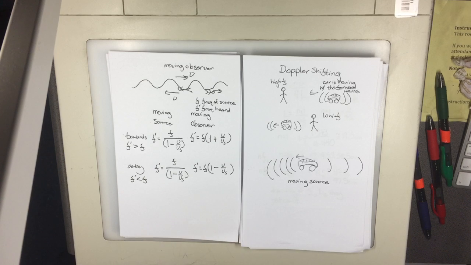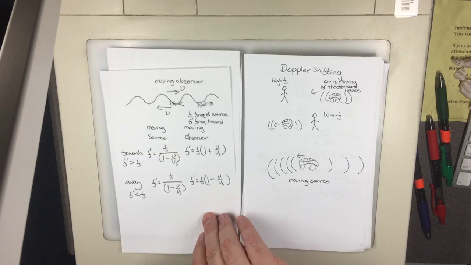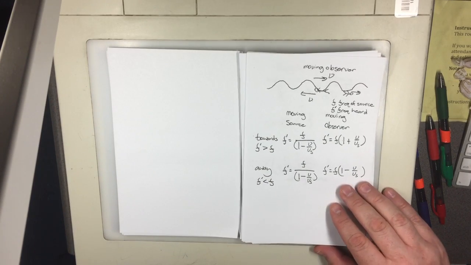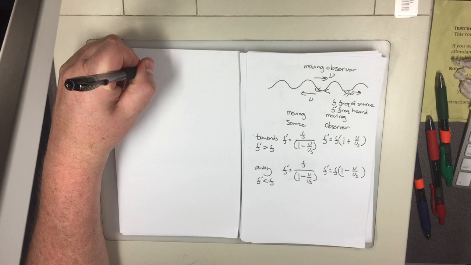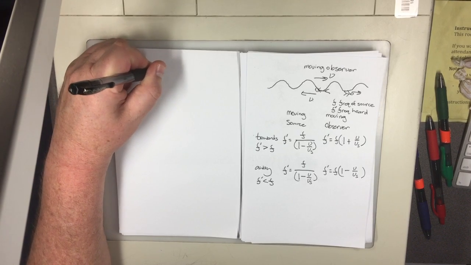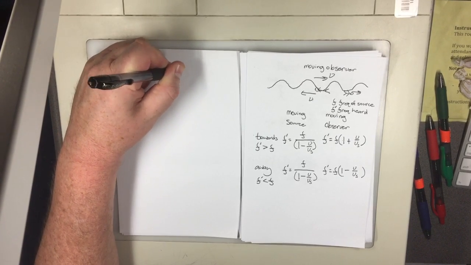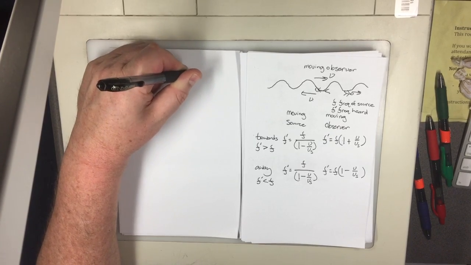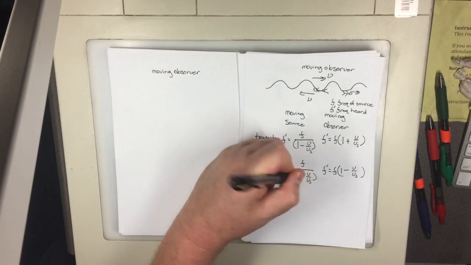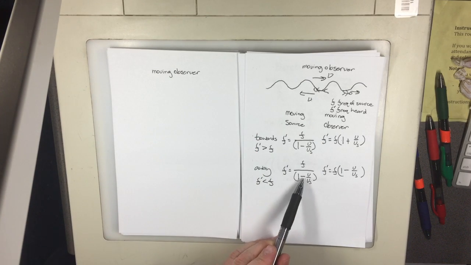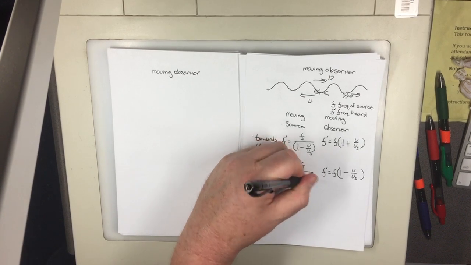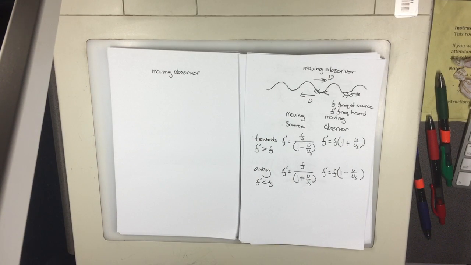And so these are the 4 relationships. Let's do a simple problem. We'll do a moving observer. Oh, yes, thank you. And why should it be plus? Because you want a number greater than 1 in the denominator so that the overall number becomes less than 1. Thank you.